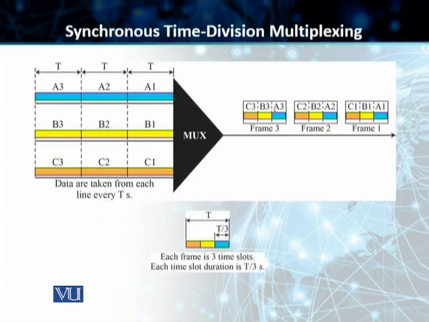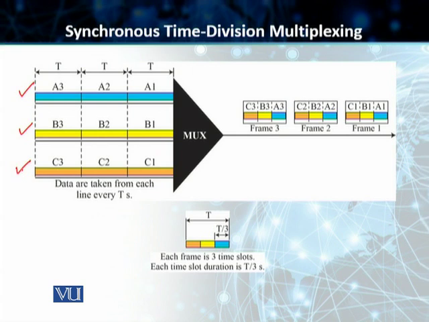Students, first of all, in the case of synchronous TDM, you need to understand that in this type, each input connection has an allotment in the output, even if it's not sending data. So, in this particular case, you have got 3 inputs, and data is taken from every line every T seconds. For every clock tick, we are taking data from every single line.